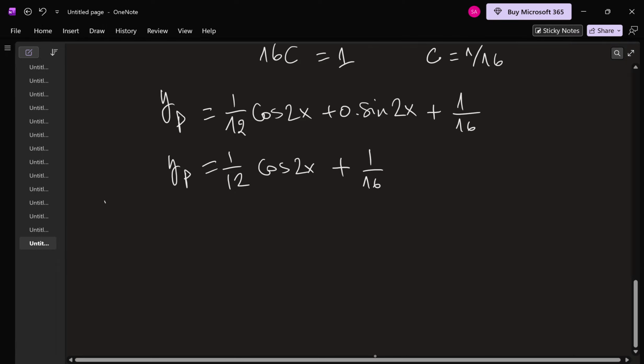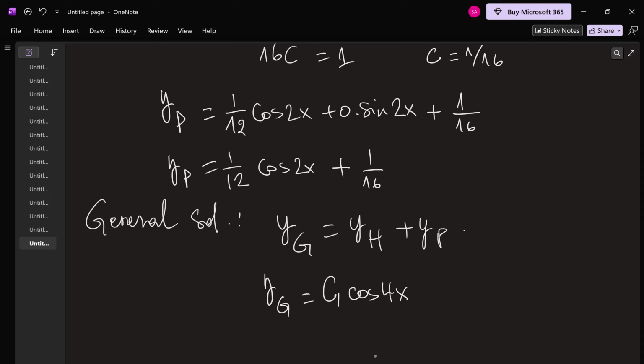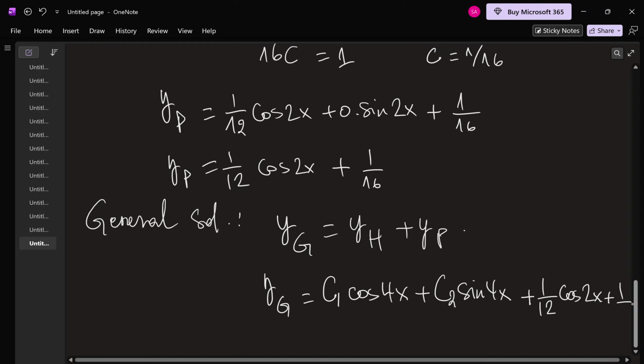So now the general solution is yg, equal to the homogeneous solution plus the particular solution. So yg is equal to c1 cosine, what is our root, 4x, plus c2 sine 4x, plus 1 over 12 cosine 2x plus 1 over 16.